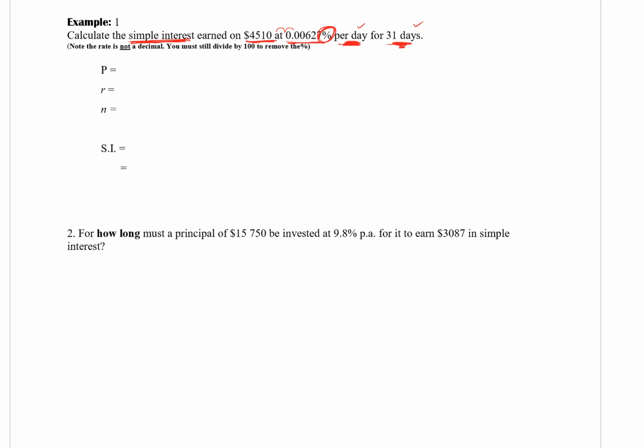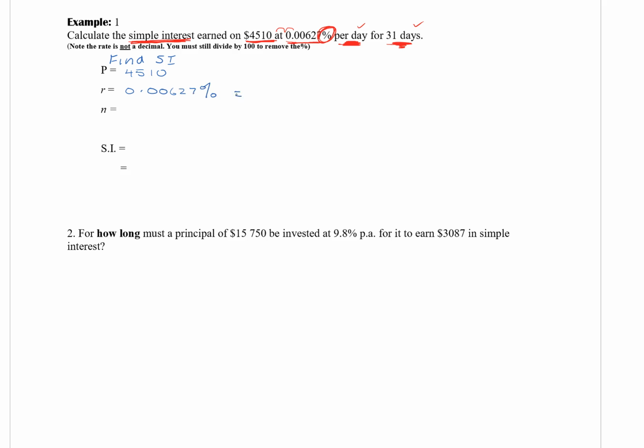now I've sort of semi-set this up. We should really start with find the simple interest. You're finding I. That's the first thing that comes in this particular example, so write it first. P is 4,510. The R, well, you can write it exactly as it's given in the question to begin with.